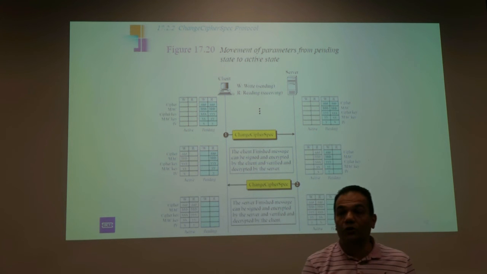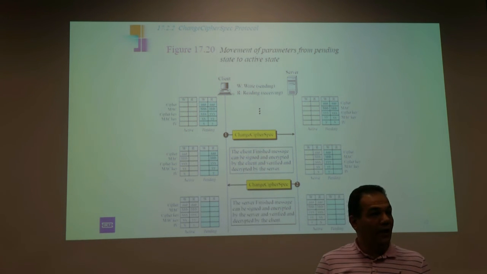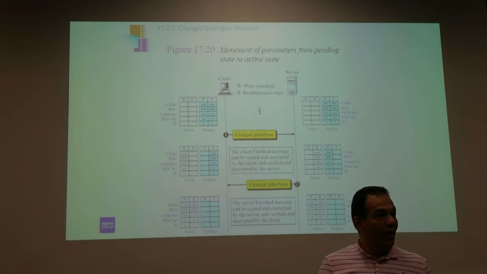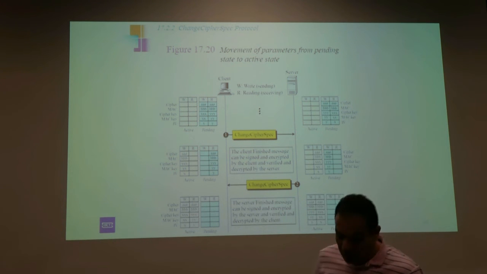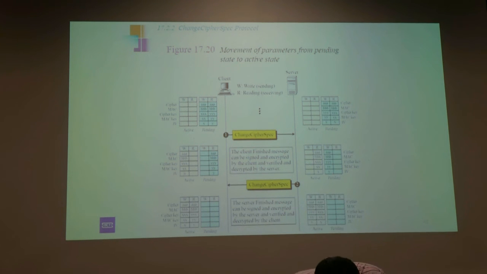Remember that there are 2 states, pending and active. So the question is, when can the 2 parties use these parameter secrets?